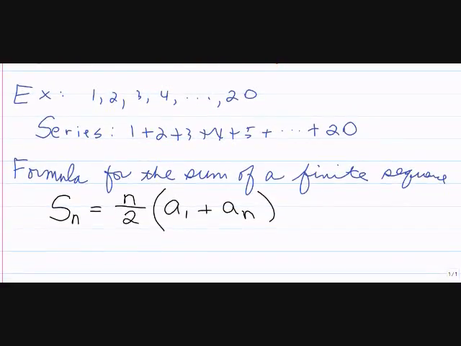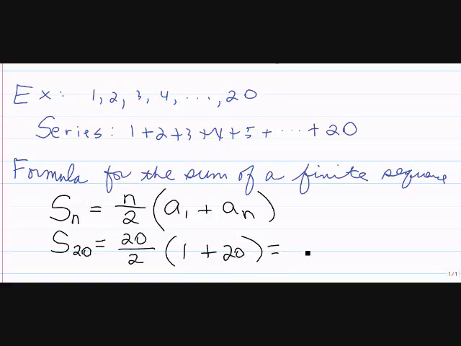Let's see how that works for that one. That's 1 plus 2 plus 3, 4, 5, 6, up to 20. The series for that sequence, summed up to the 20th term, is 20 divided by 2 times the first number in that sequence, 1, plus the last number in that sequence, 20.